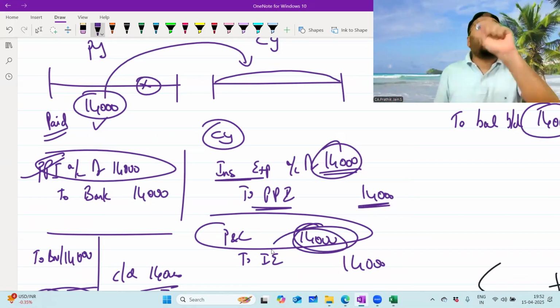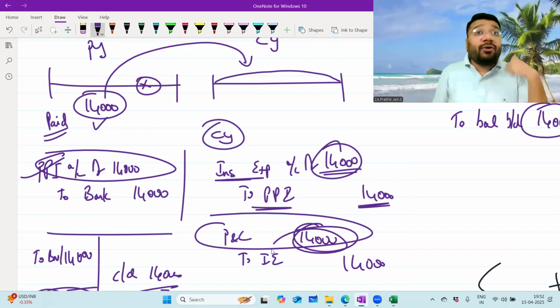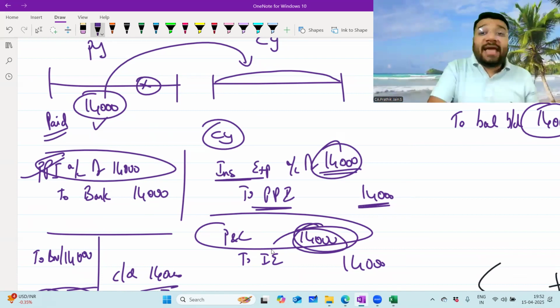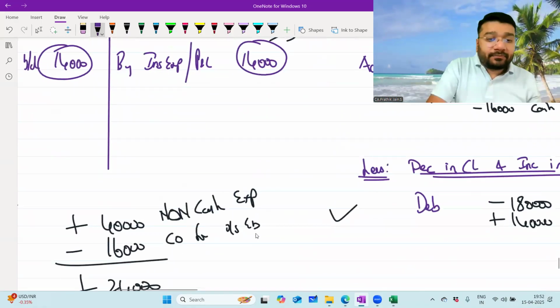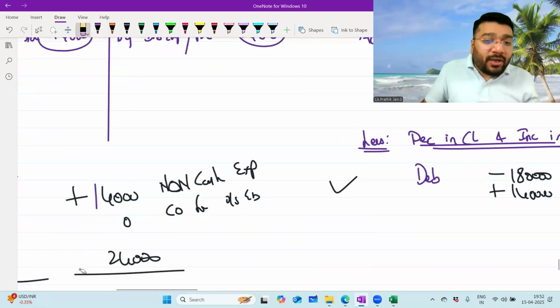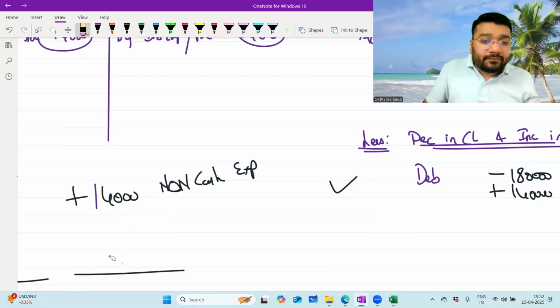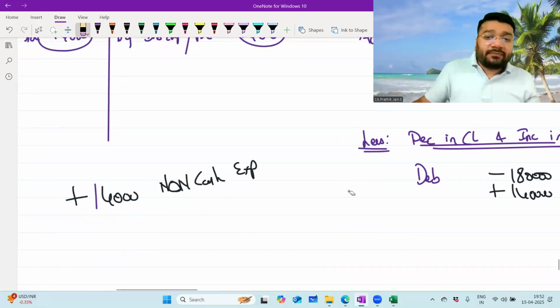No. There's no cash outflow in the current year. So this 14,000 needs to be added back because there is no cash outflow. So here add back 14,000 rupees, because it is a non-cash expenditure. Do you agree with me? Any logic required further?